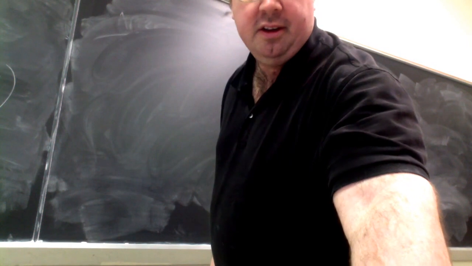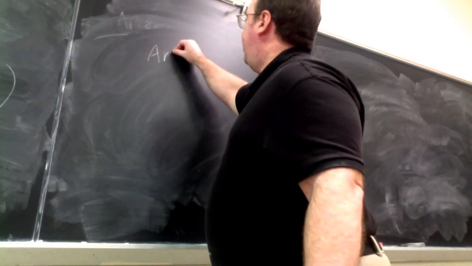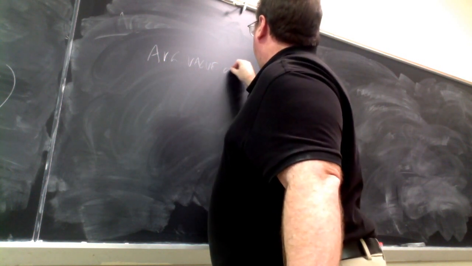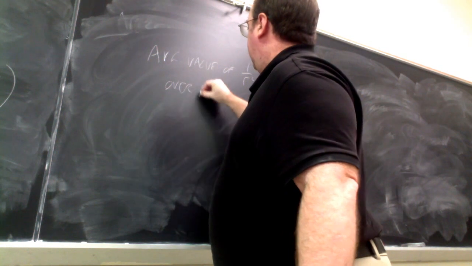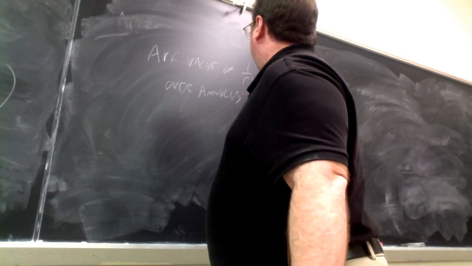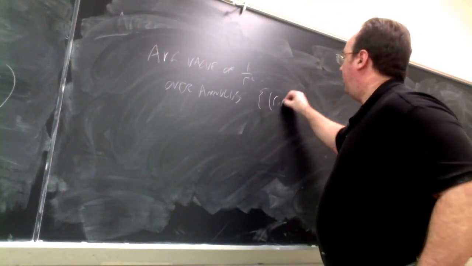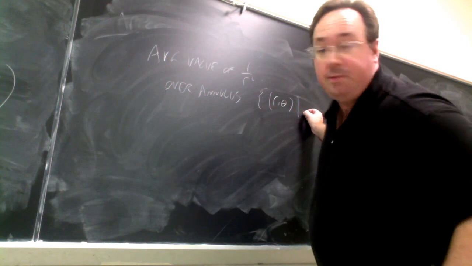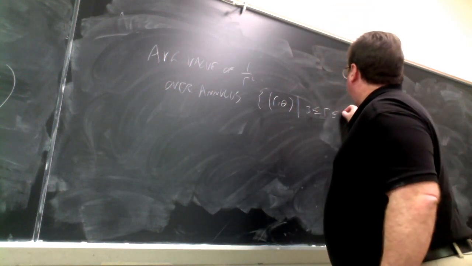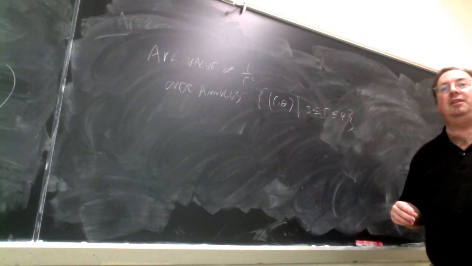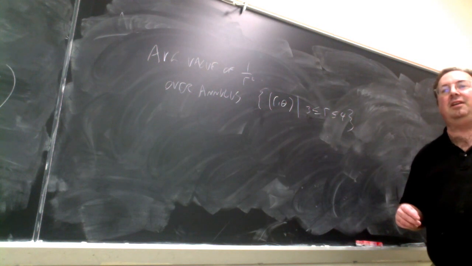So this is the average value of 1 over r squared over the annulus, that is, points r and theta such that r is between 3 and 4. Does that ring a bell at least?